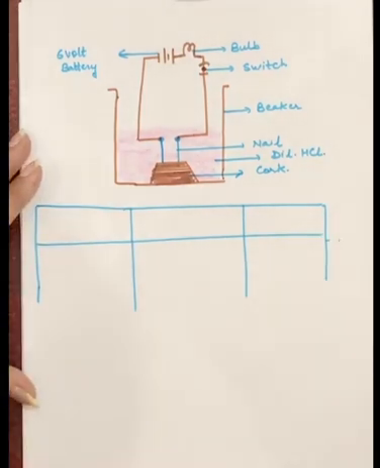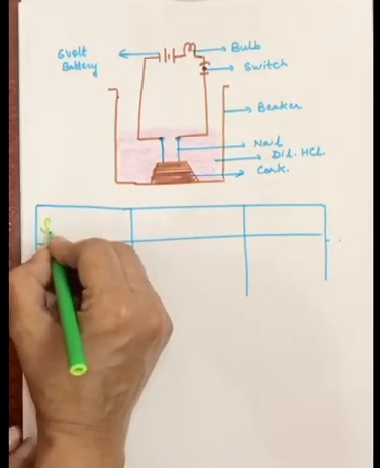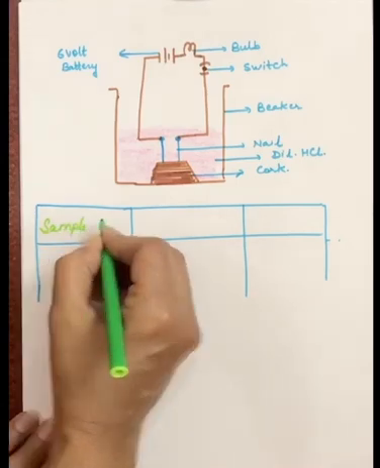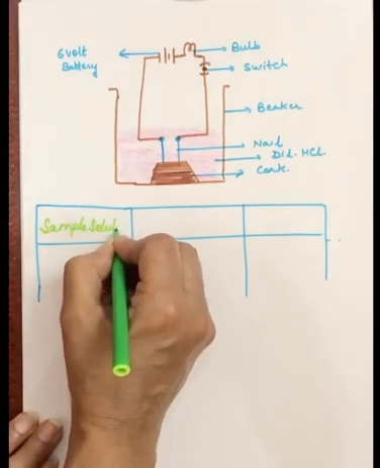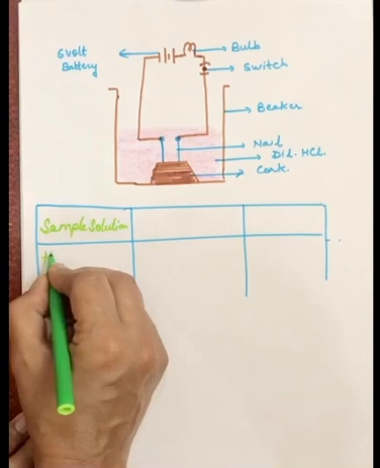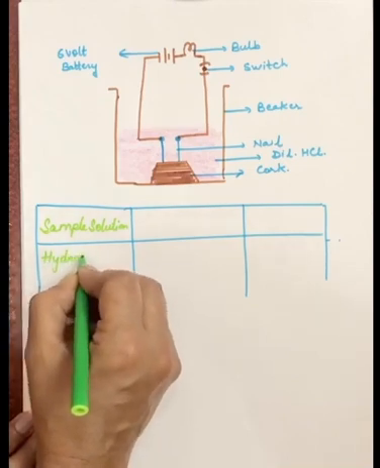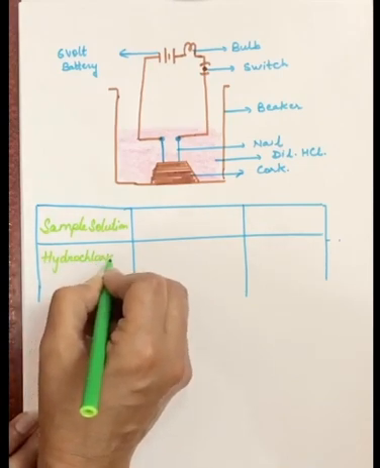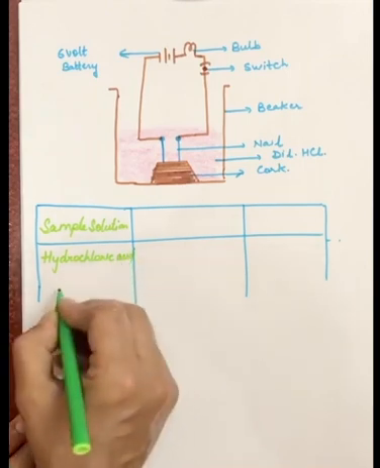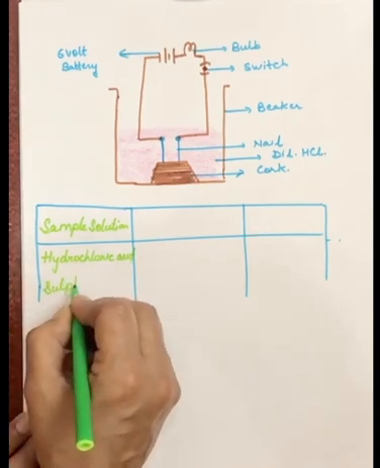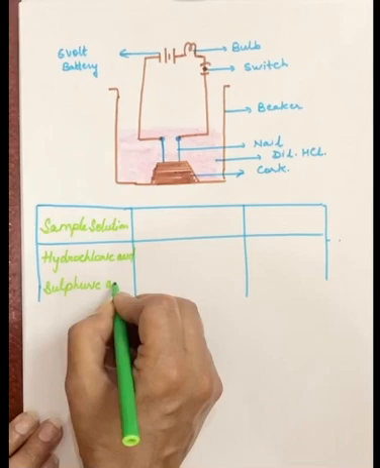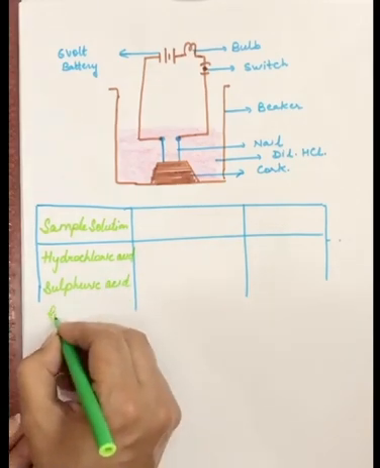First is we are taking a sample solution. And these are hydrochloric acid. Then sulfuric acid after this we'll take in this. Then let's say glucose solution we will fill.